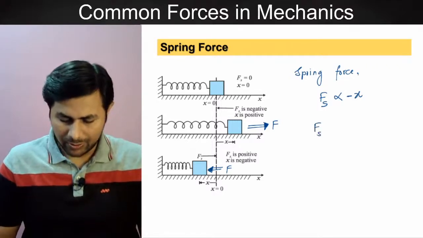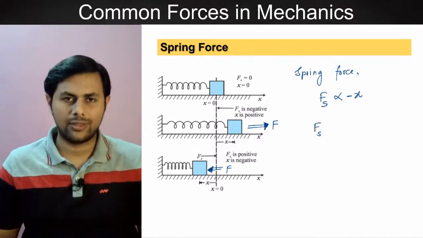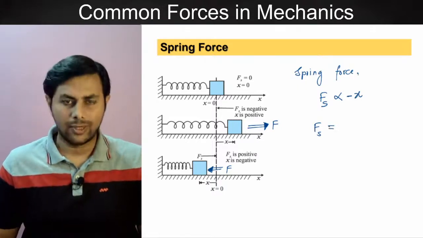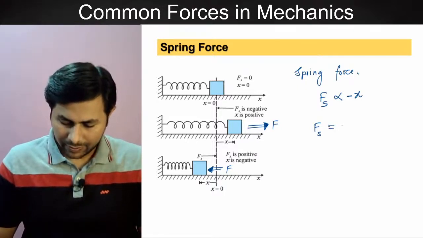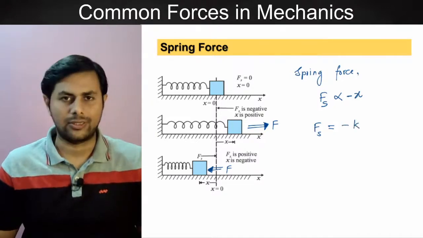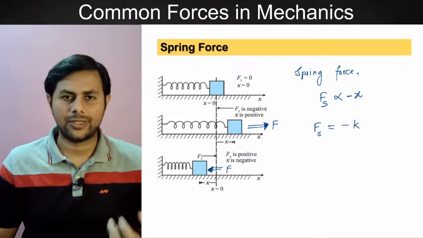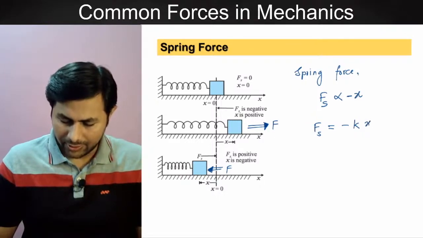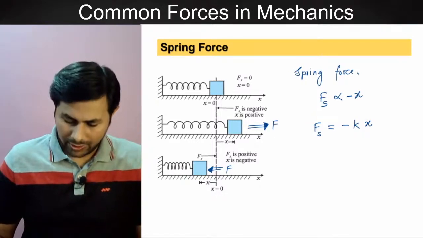Now if we remove this proportionality sign and put an equality sign, a constant will come, and that constant is known as the spring constant. So the constant is k, so Fs equals minus k into x.